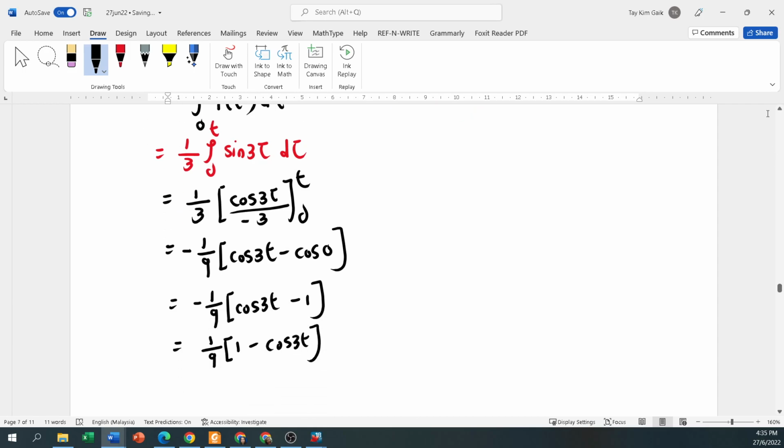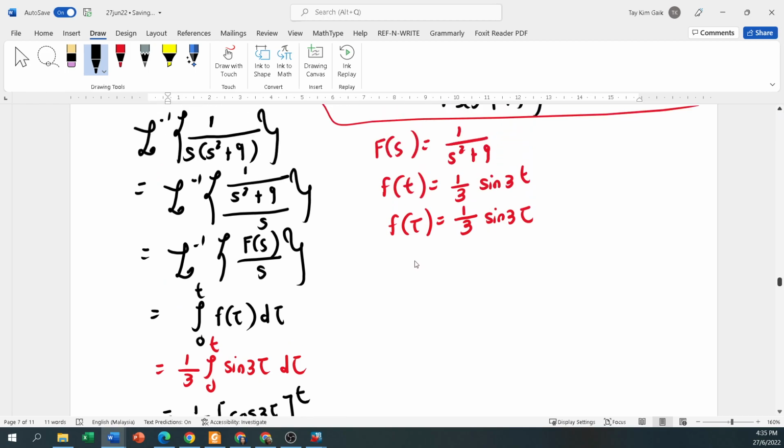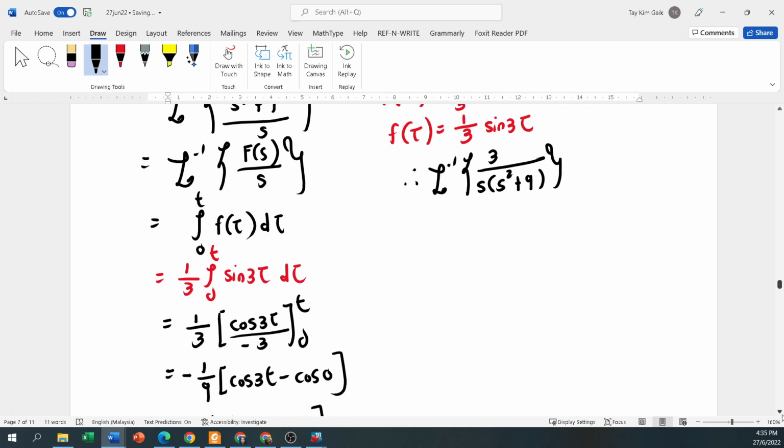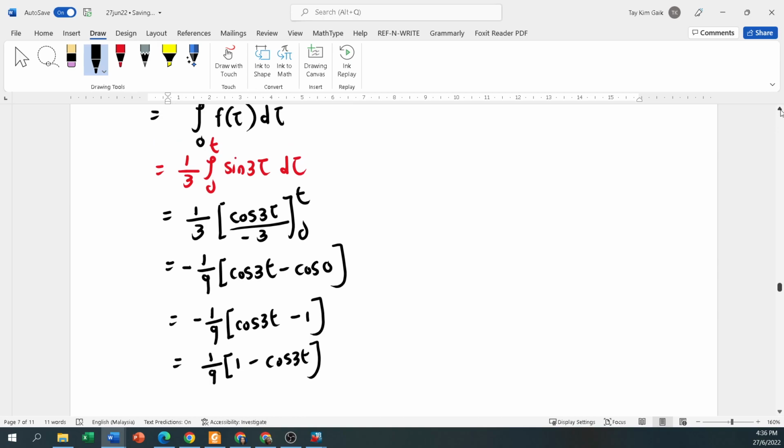So the inverse Laplace of 3 times s over s squared plus 9: the result from the transform of integral just now is one time, so multiply by 3, so 3 over 9 you get 1/3.